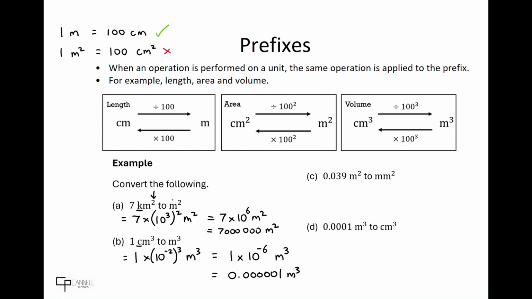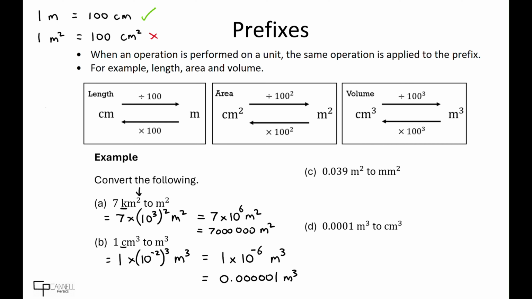So we got rid of the kilo squared in A and the centi cubed in part B. But for C and D, you can see we're introducing a prefix when we're converting. To put it simply, we're going to do the opposite of what we've done before, which is instead of multiply a factor, we're going to divide the factor. And this will introduce the prefix.